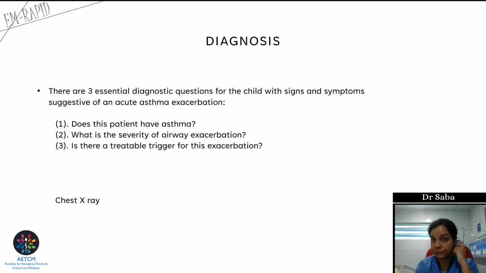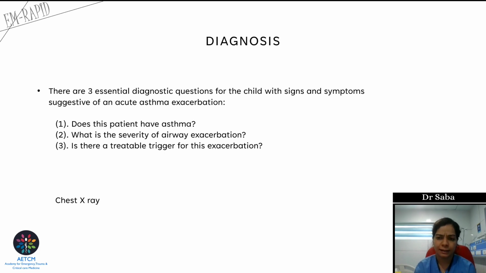Because if the child is already an established case of bronchial asthma, then you can quickly come to the conclusion that the child could perhaps have had another exacerbation of bronchial asthma. And then the second question that you'll be asking is, how bad is it? How severe is the airway exacerbation?